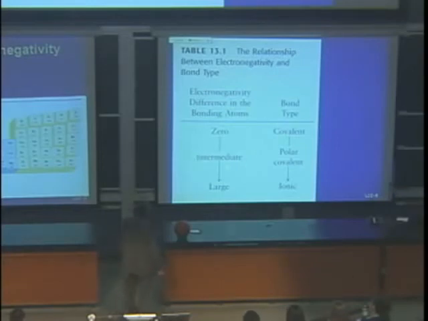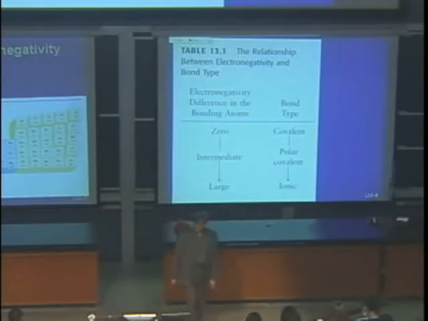If the electronegativity difference is intermediate, you have polar covalent, or partial ionic, just to make sure that means the same. Yeah? Polar covalent or partial ionic. And then if you have a large difference, you have an ionic compound.